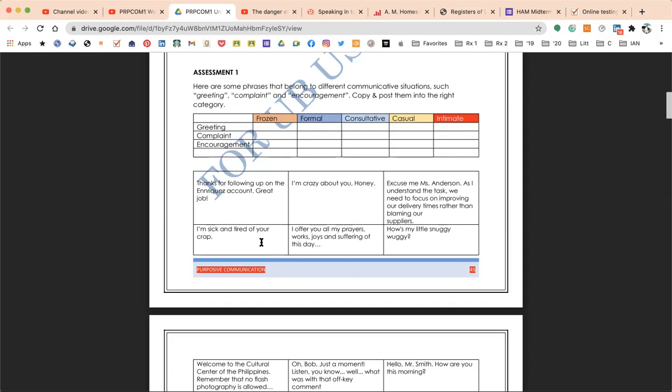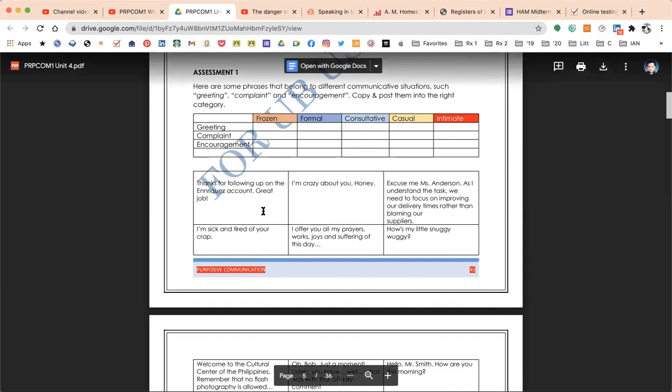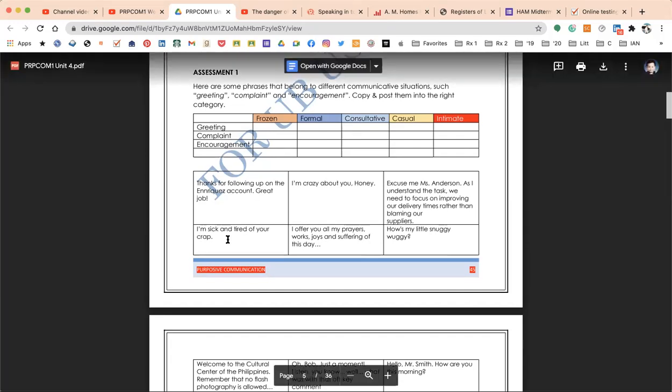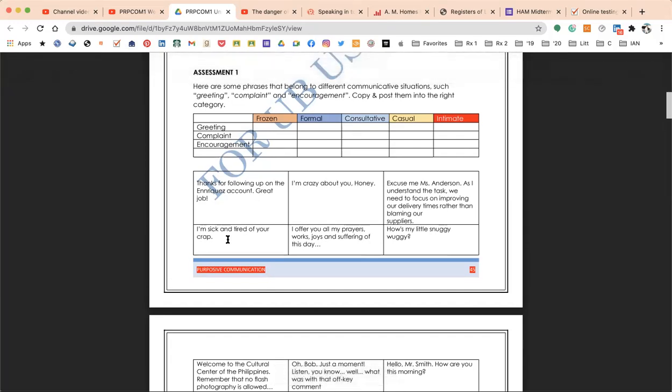For example, let's look at this sentence. I'm sick and tired of your crap. Okay, so is it a greeting, a complaint, or encouragement? But this is not in the exam. So complaint. But what kind of complaint is this line? I'm sick and tired of your crap. Of course, it's not frozen, it's not formal, it's not consultative. So the narrow choices are casual and intimate.